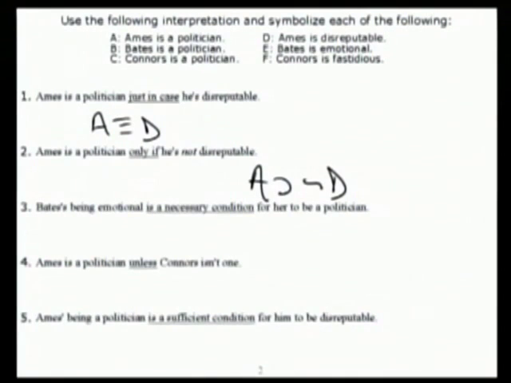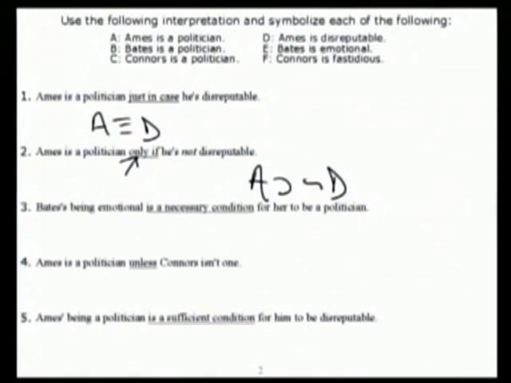Only if, as a general rule, always indicates that the thing that's being qualified there, in this case, only if he's not disreputable, that thing is going to be in the consequent. So Ames is a politician only if he's not disreputable should come out this way: A horseshoe curl D. What if we'd said Ames is a politician if he's not disreputable?